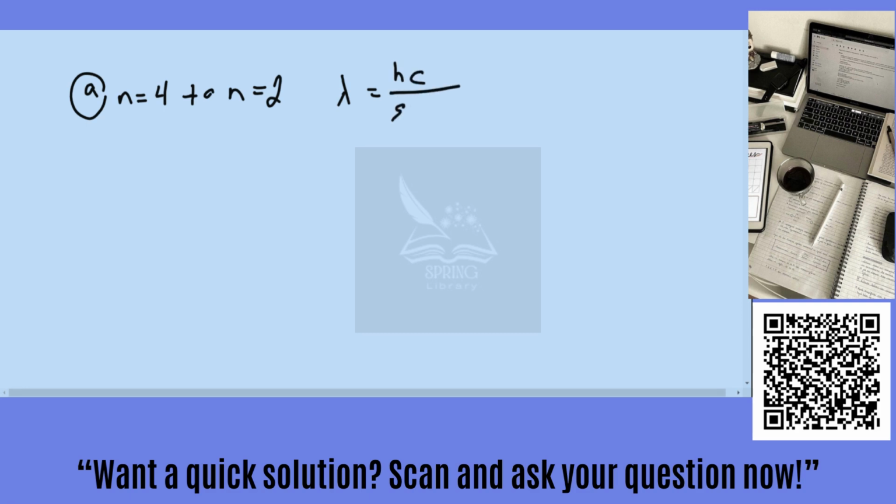And here we have E4 minus E2. And to find that, we need to use this equation here to find the energy. So we got 13.6 divided by n squared eV, okay?